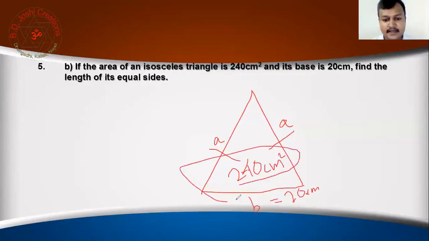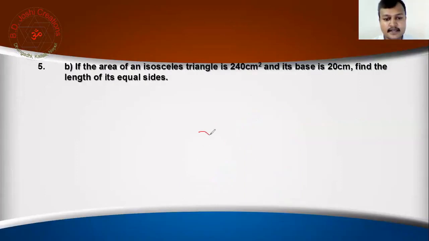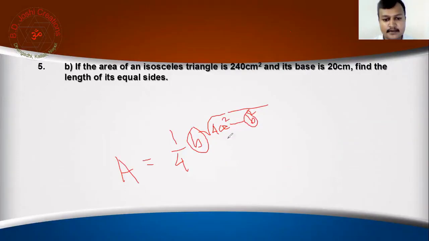So two things, the area and the base, are given, and the third value, this A, we have to find. You know the area of an isosceles triangle is 1 by 4 b times root over 4a square minus b square. Using this formula, we have to put the value of the area, and the value of b in both places.